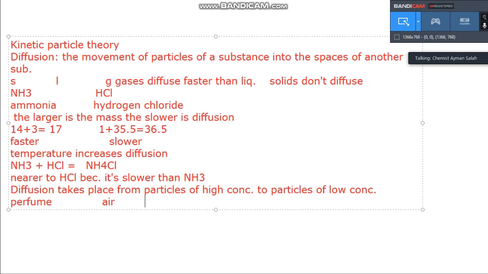If you spread some ink into water, the ink will spread into water, not the opposite. Water can't spread into ink. Ink spreads into water. Why? Because ink has higher concentration than the water. Okay?